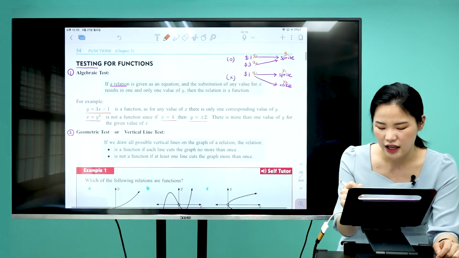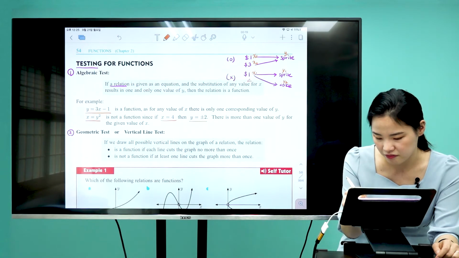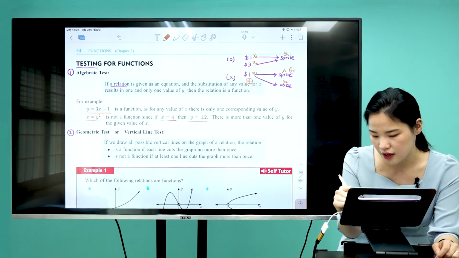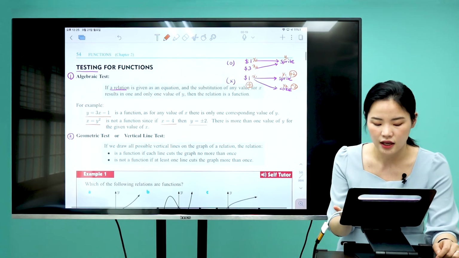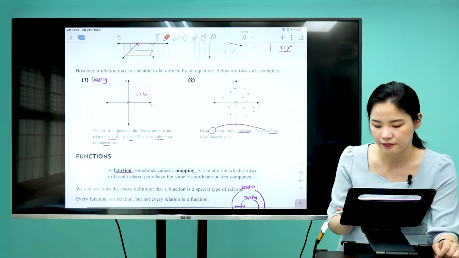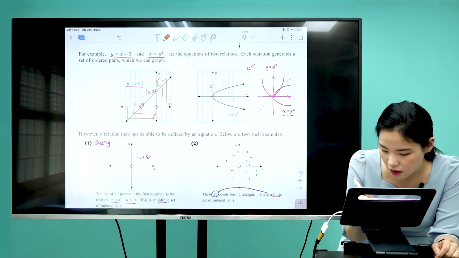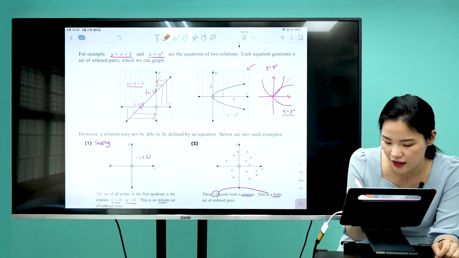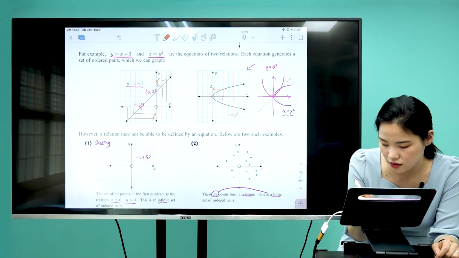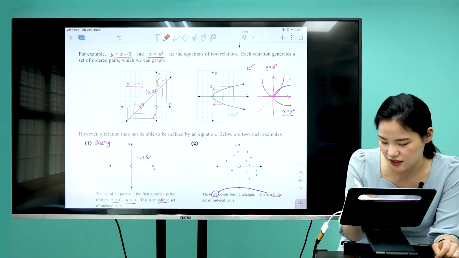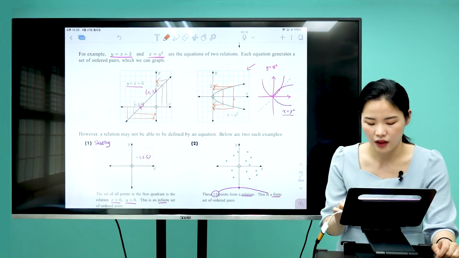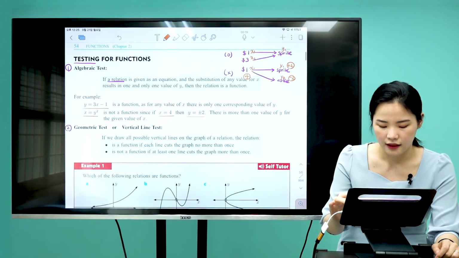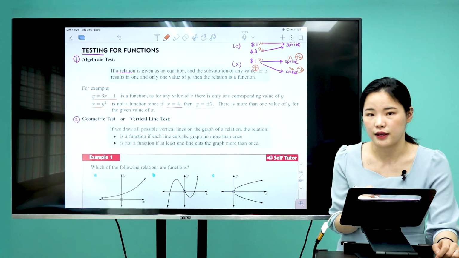So it's like you have the 4 here, and then positive 2 and negative 2 for the products, which doesn't make sense. Let's check the graph again. With one x value, you will have either positive or negative y, which doesn't really make sense. So that is the algebraic test.